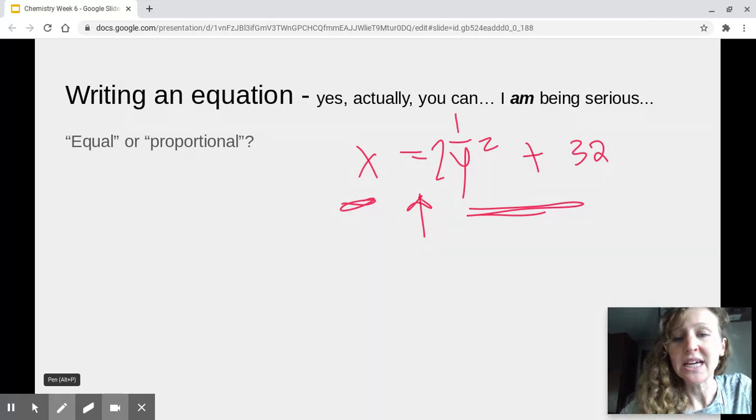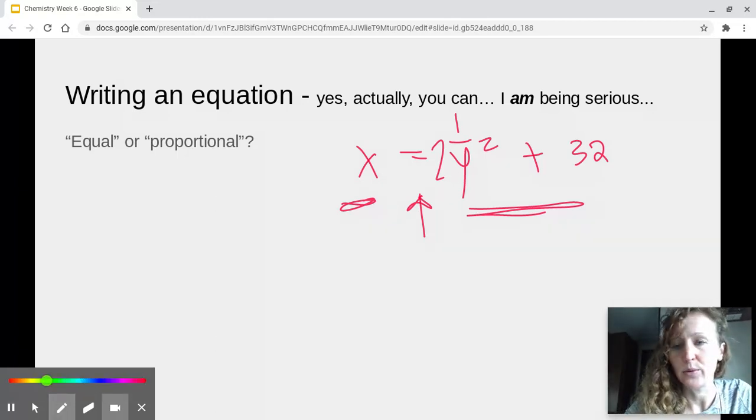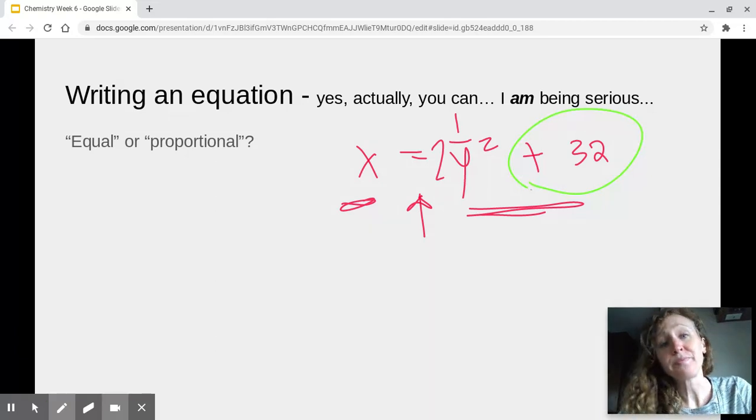For example, in this one that I just haphazardly wrote up here on the board, 32. So 32 is a number that's always the same in the equation. That number doesn't change. And what that number does is it just adds a little boost to one side so that the 2 sides are always equal.